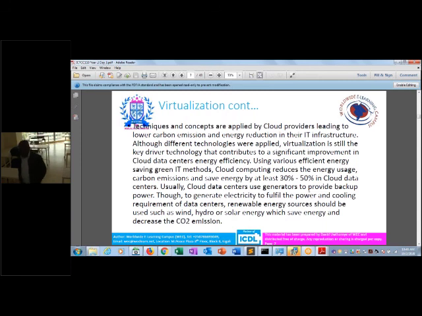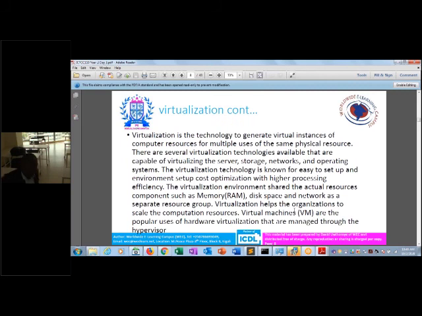So we are continuing on virtualization. Virtualization is a technology to generate virtual instances of computers, other instances of computers from the physical one, from computer resources, from multiple uses of the same physical resources.